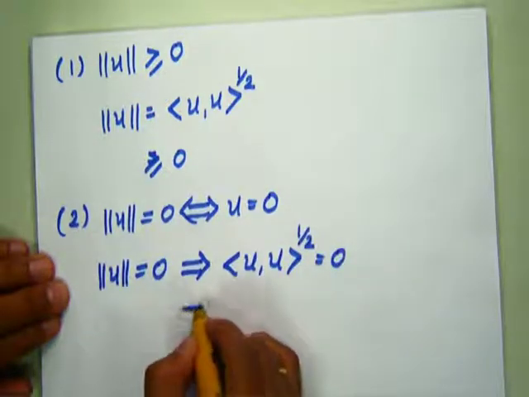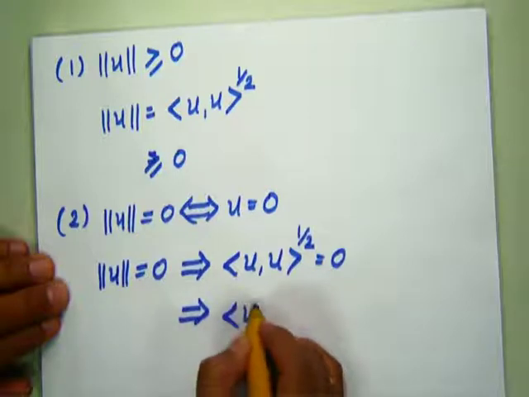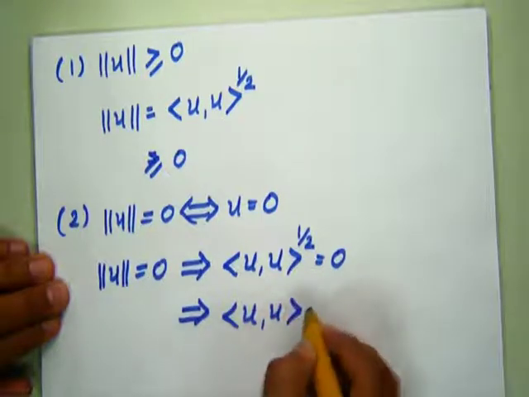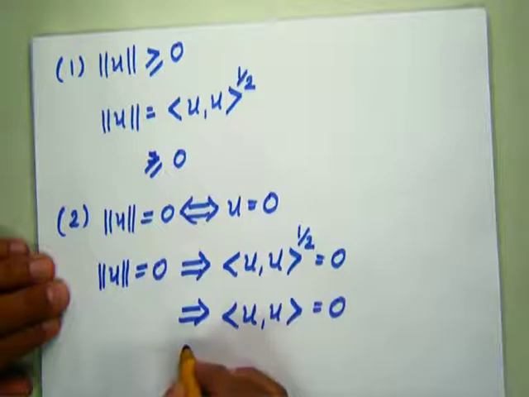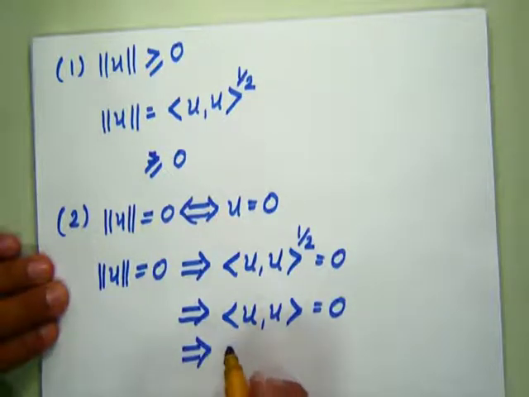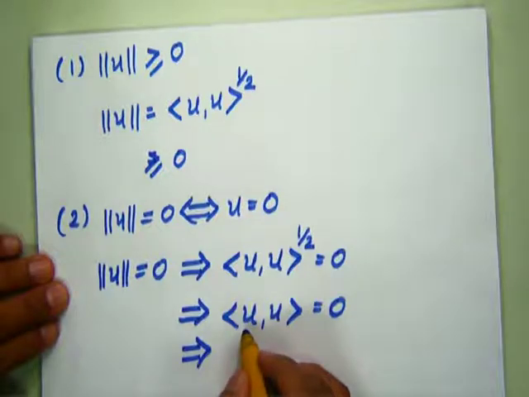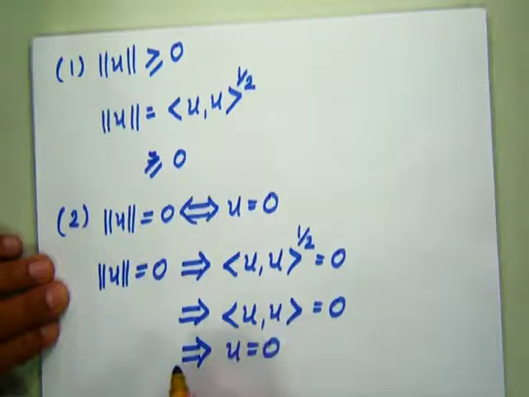It means the inner product of U with U equals 0. And as we know, by using the property of inner product, when the inner product of U with U equals 0, it implies U equals 0. So one side is proved.